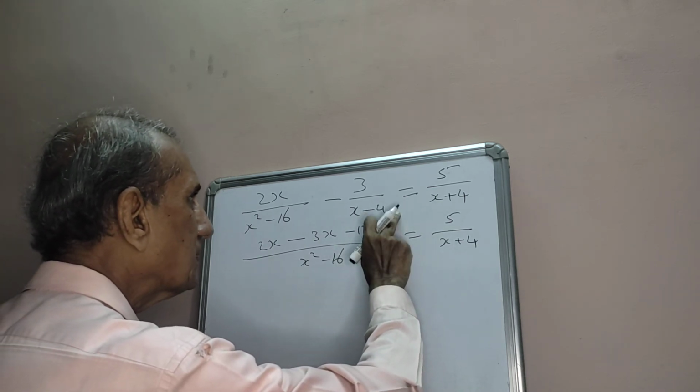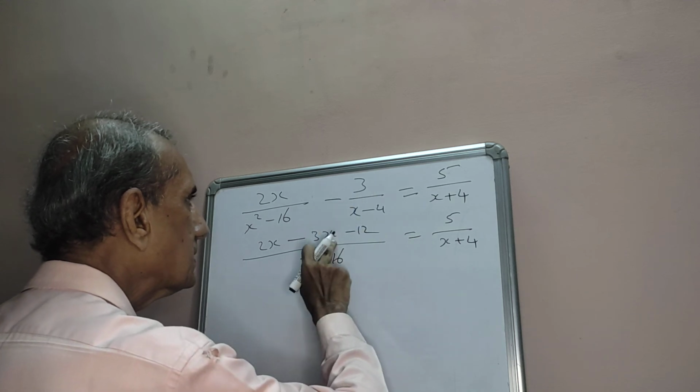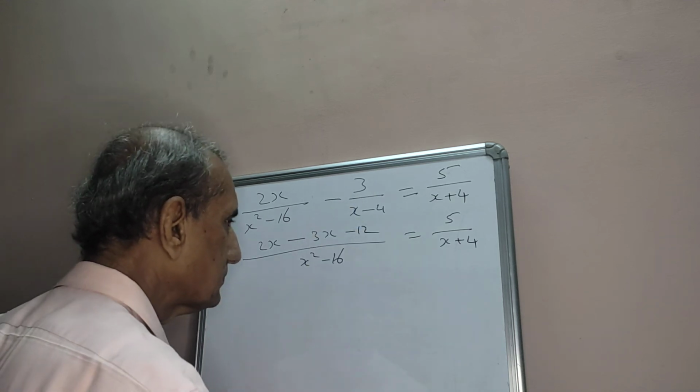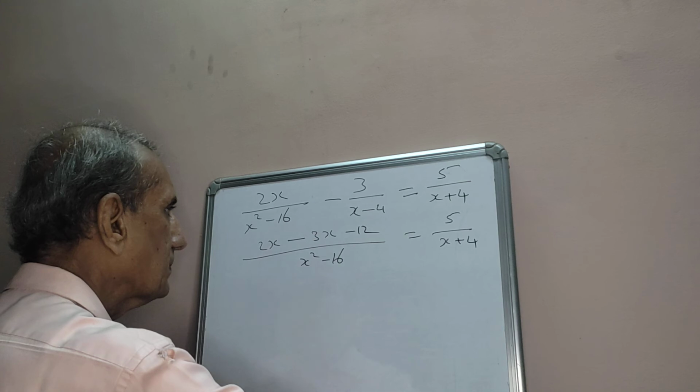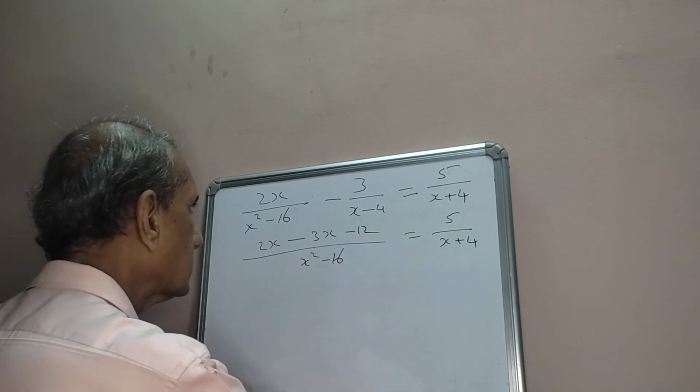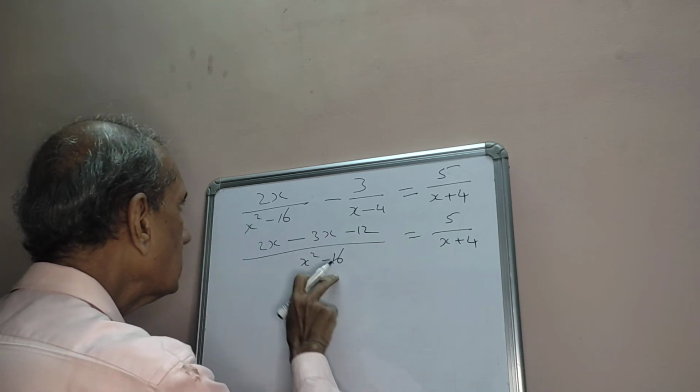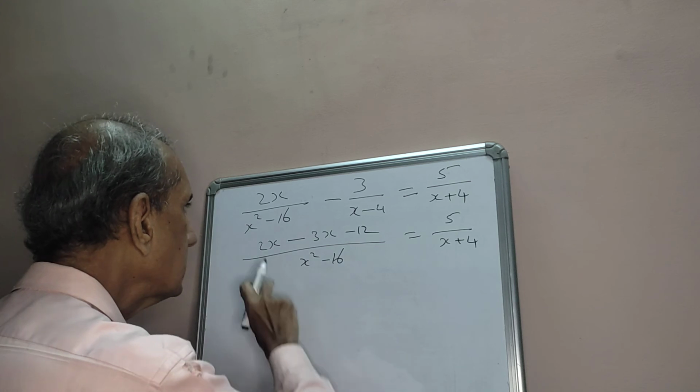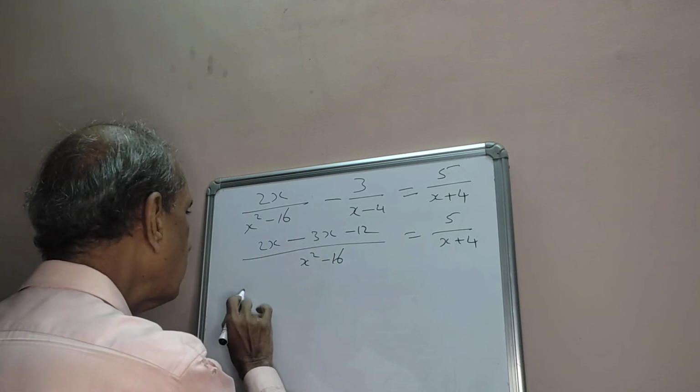Okay, so (x + 4) into 3 is 3x minus 12. Because you have a minus sign over here. Okay, that is how I got this. This if I divide I get 1, so I get only 2x. Right, so 2x minus 3x is again minus x.